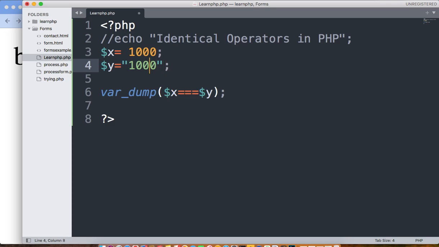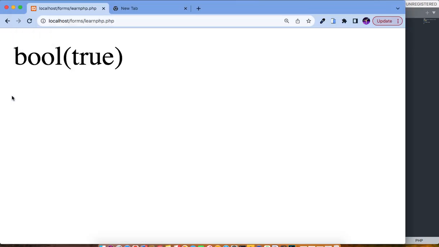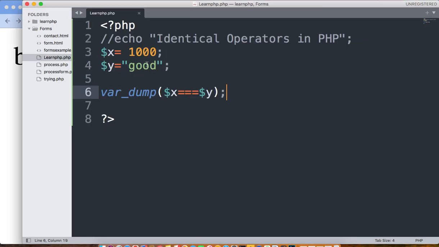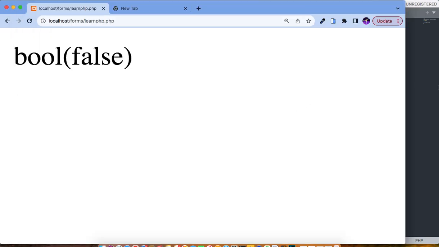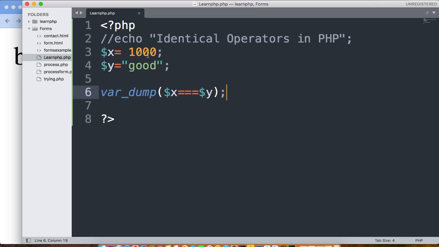Remember, when you put double quotes, you are referring to a string, even if it is integers in between. You see it's showing us false, because they are not of the same data type. That is the reason why it is false.